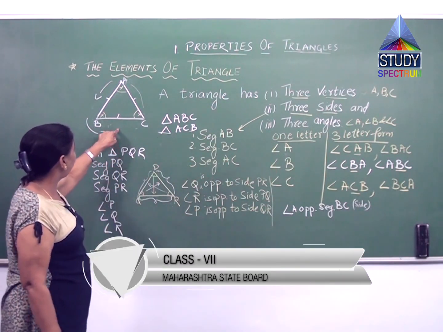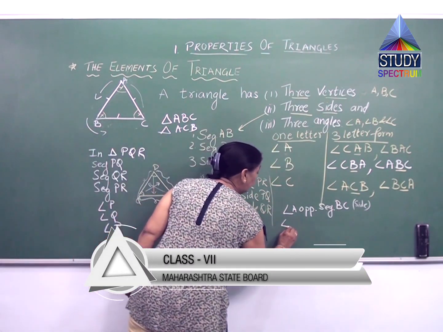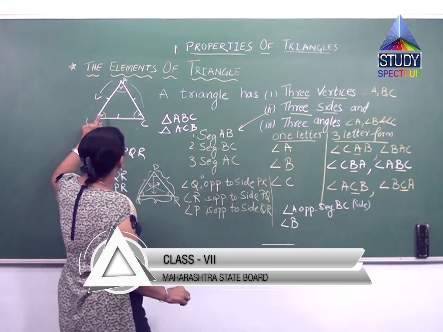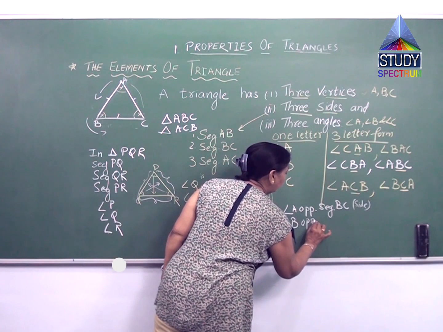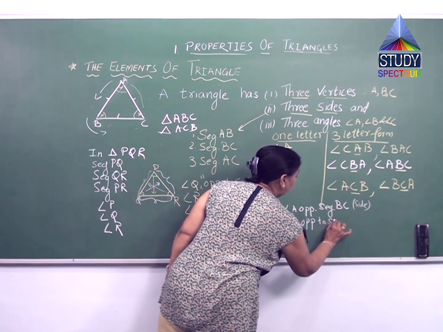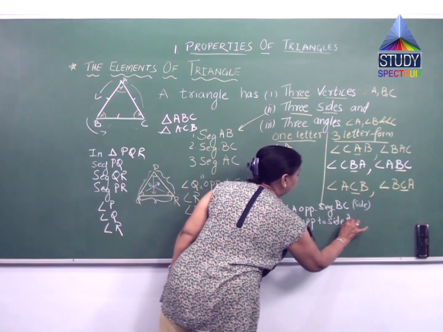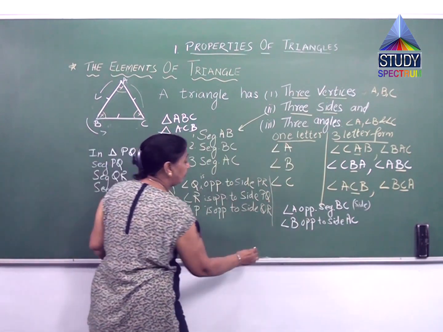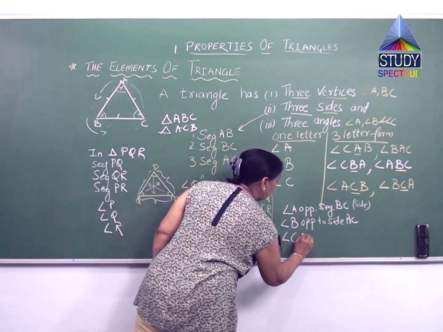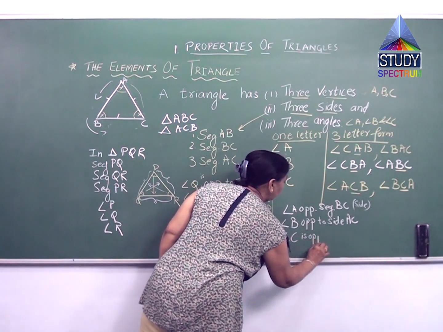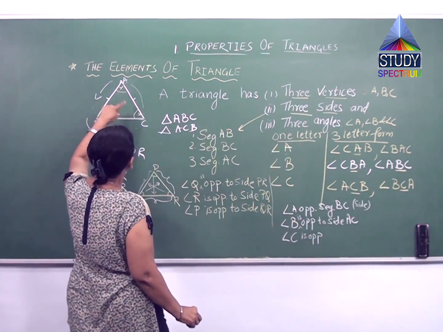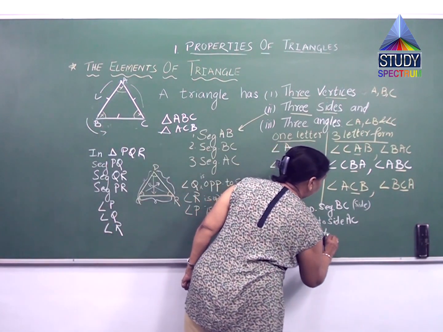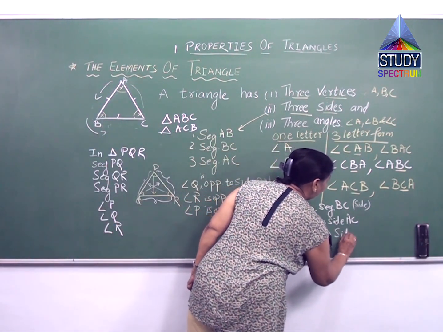Now again angle B. Angle B is opposite to side AC. And angle C, the third angle. Angle C is opposite to what? Opposite to side AB.